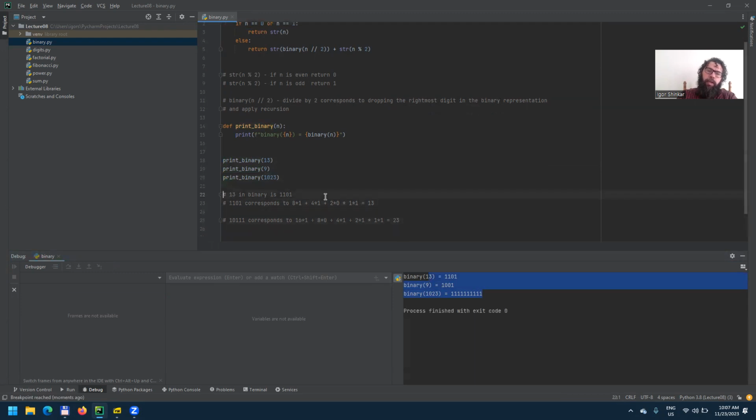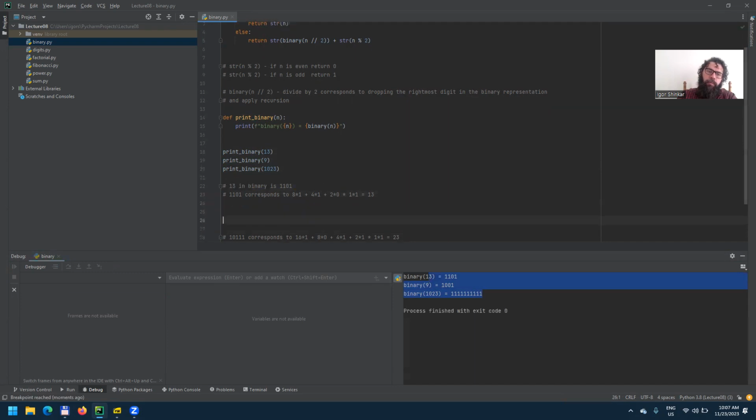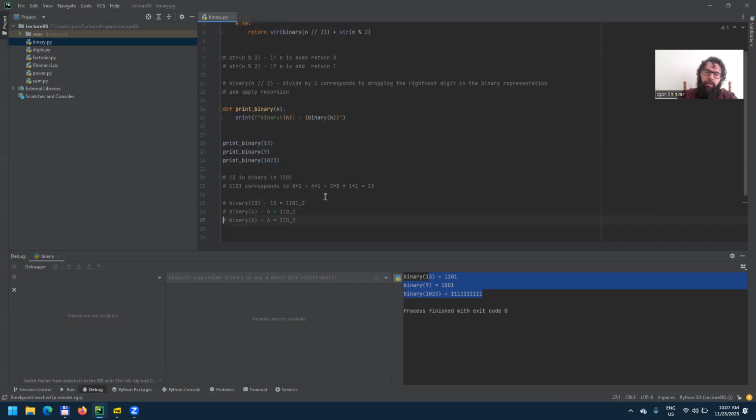So let me try to run this one example. So when we run binary on 13, this corresponds to this in binary. Then we make a recursive call on 6, where 6 just drops this one digit.